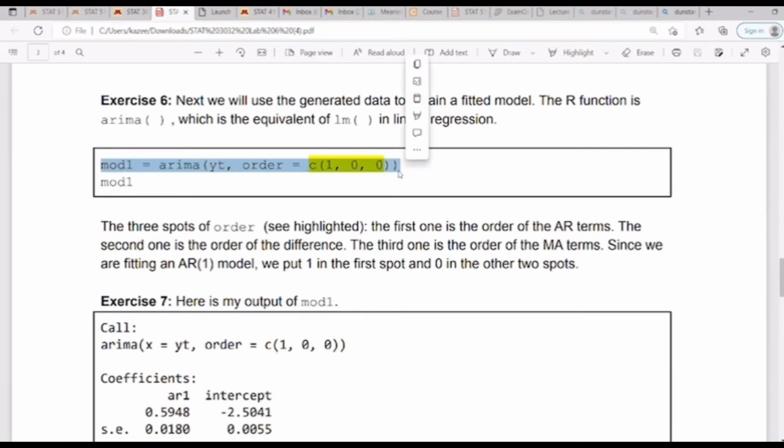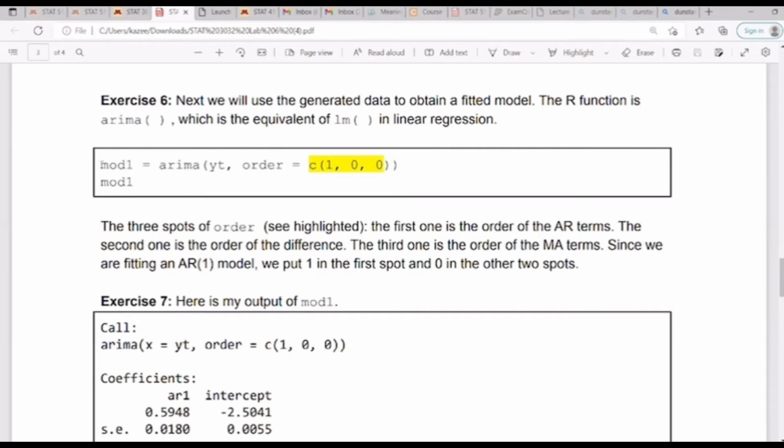ARIMA is the autoregressive integrated moving average model. So ARIMA 1 0 0 means I'm considering the AR1, integrated of order 0 and moving average of order 0. So this means AR1. If I want to talk about AR2, it's going to be ARIMA 2 0 0. If I want to talk about AR3, it's going to be ARIMA 3 0 0.